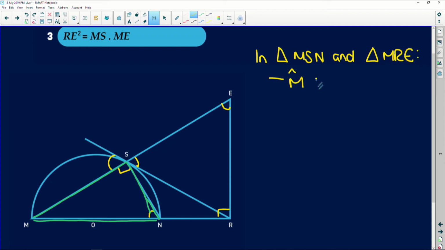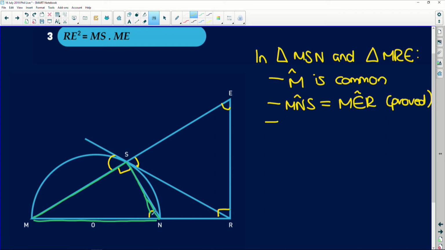Angle M is common. Remember, it belongs to both triangles. Angle MNS, which is this angle here, is equal to angle MER, and that we proved earlier.